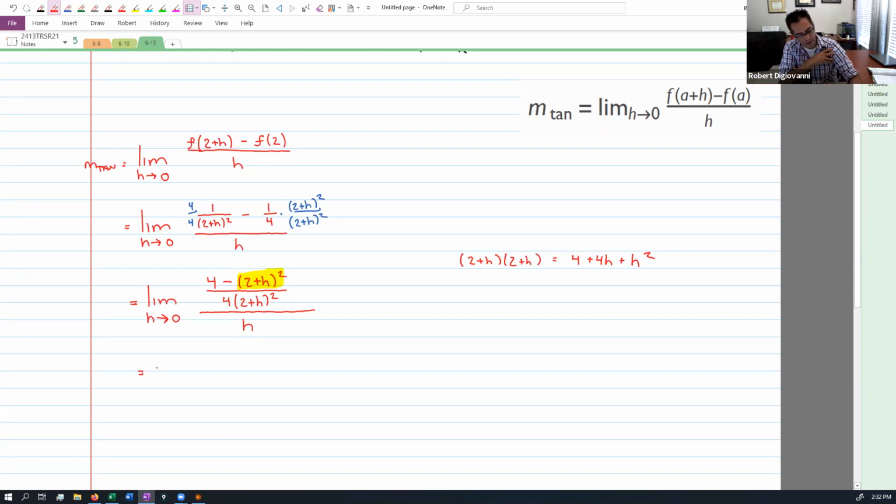So if I rewrite this, watch what happens. I get 4, then that minus sign. Very important: that minus sign is in front of this, right? And if everything here turns into this in yellow, then every one of these gets subtracted. So it becomes minus 4 minus 4h minus h squared, everything over h.